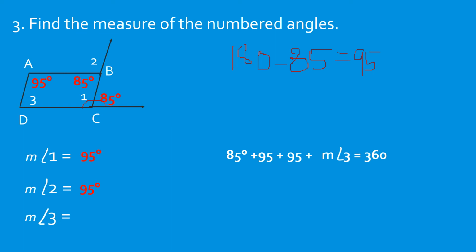You're going to add first all these angles, 95 also here, and subtract that from 360. Simple as that. So the measure of angle 3 is equal to 360 minus 275, because 85 plus 95 plus 95 is equal to 275. Then subtract that from 360. Therefore, the measure of angle 3 is equal to 85 degrees.